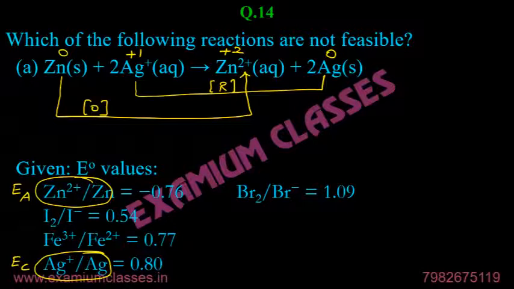E cathode minus E anode will give you the answer. So tell me whether it is feasible or not. Okay, okay.